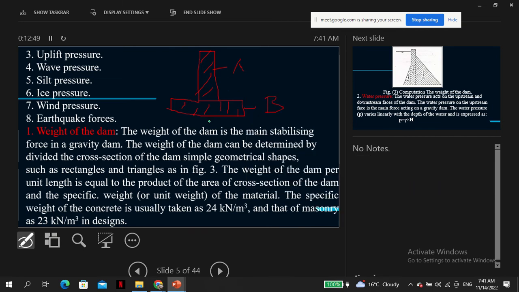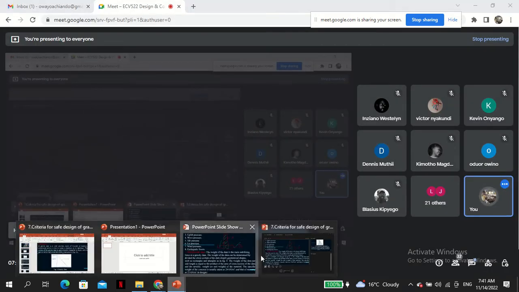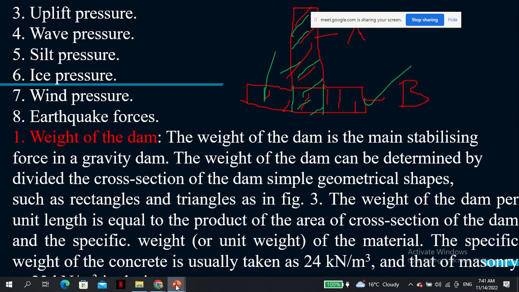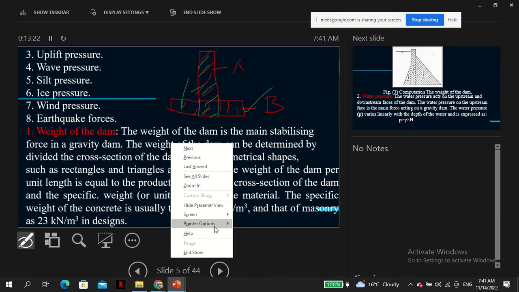Again, you don't need to complicate. Although I know some people might want to divide it like that and like this, so you have this section alone, and you have this. In that way you have three sections. So you need to make your work simple. However you do it, those are just regular shapes whose area you can easily find.